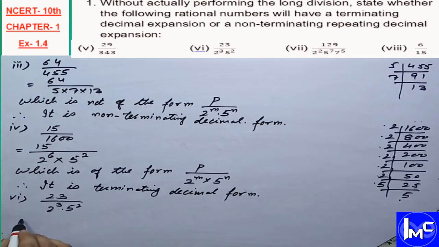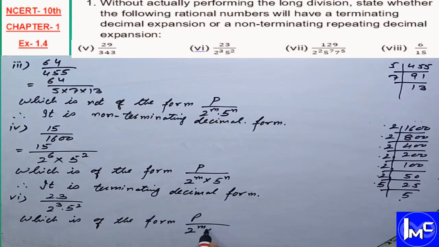So, which is of the form p over 2 raised to power m 5 raised to power n. So, it is terminating decimal form.